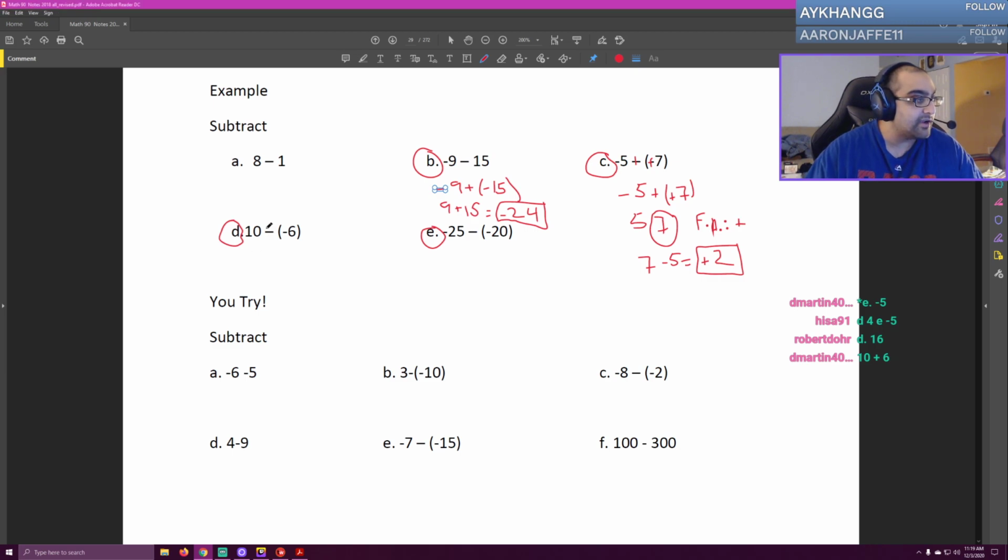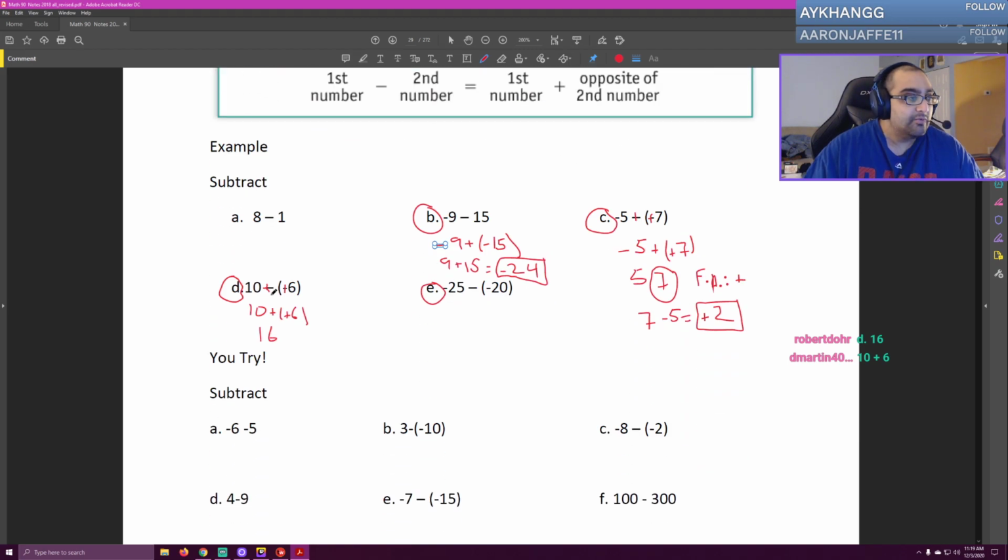That is correct. Remember that these both have to change to positives. So we're going to have 10 plus positive 6. And now we just add those together. And so here, you're going to get 16 straight up. So 16 is the correct answer for D.